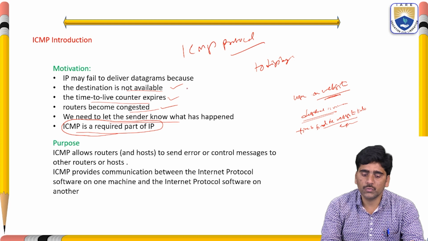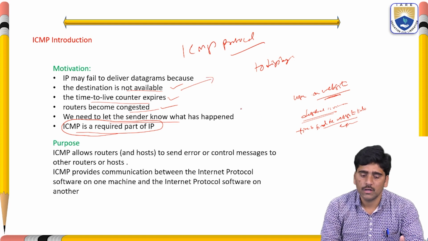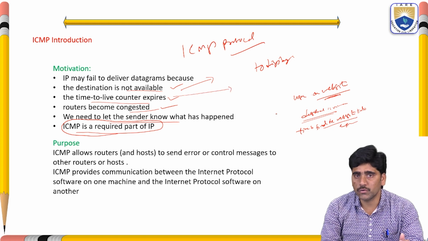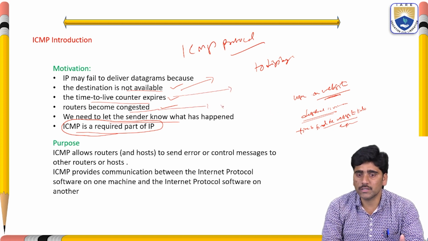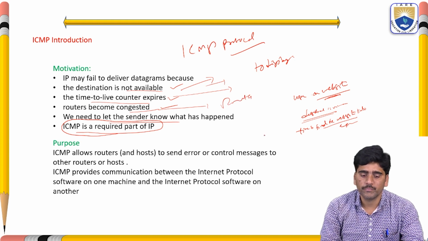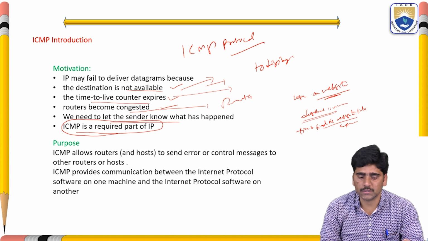To display the message that the destination is not available, that the time to live counter has expired, and the status of routers, we have to use the ICMP protocol. By default, ICMP displays all these network statistics.